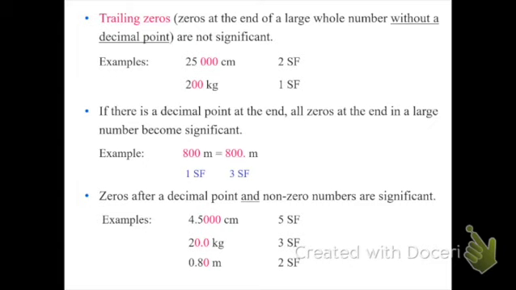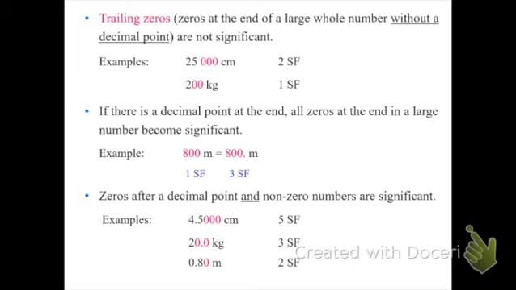200, that's just 1 significant figure. 1,000, 1 significant figure. 2,000, 1 significant figure, and so forth. So because those are really ambiguous, sometimes people want to make sure that they actually give them a specific number of significant figures, which you can do by making sure that you add the decimal point at the end.